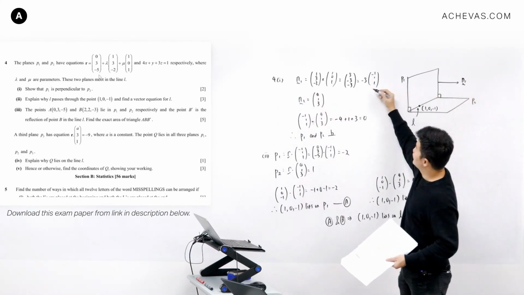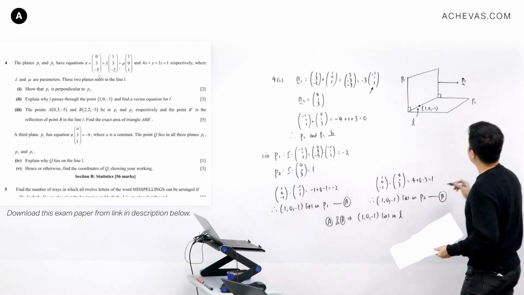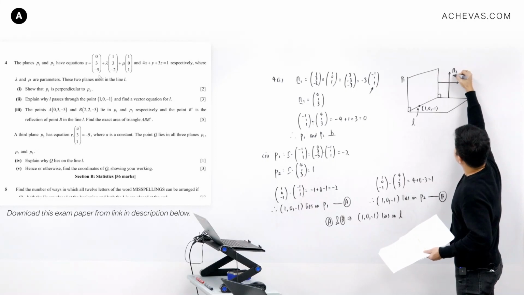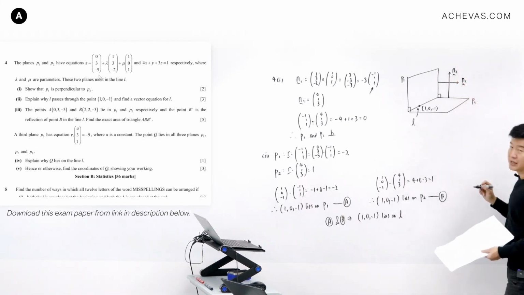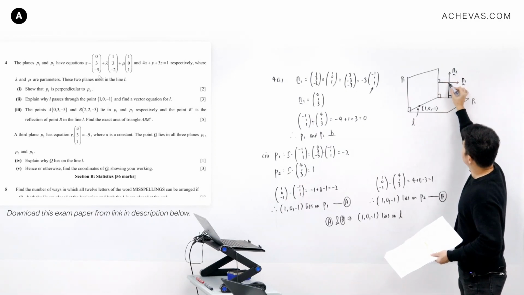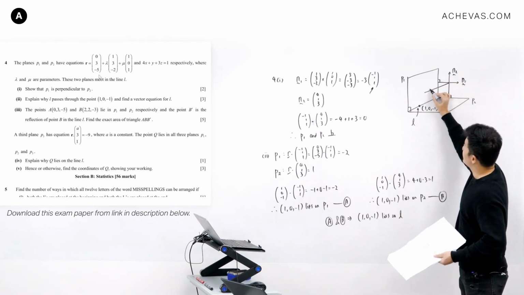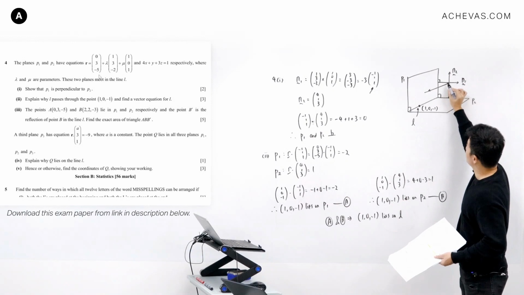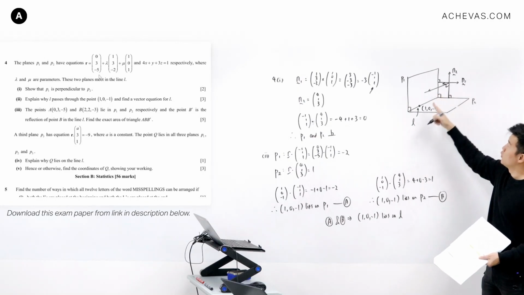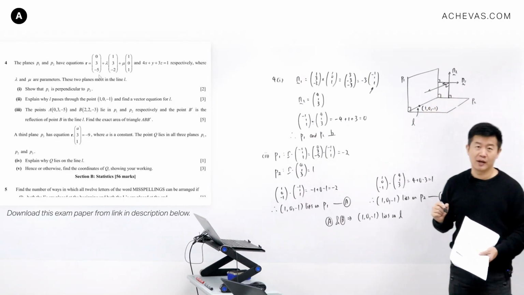So this N1 here actually represents this. Then N2 is going to be the normal vector to the plane P2. And if I were to cross these two vectors, okay, this will require some visualization. If I were to cross these two vectors, I'll be getting a vector that is perpendicular to the original two vectors.